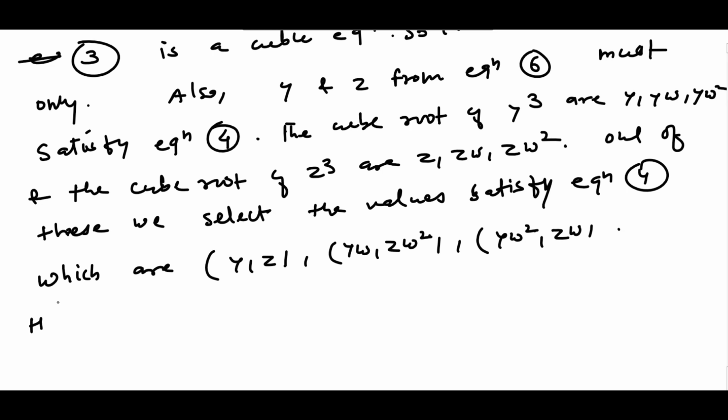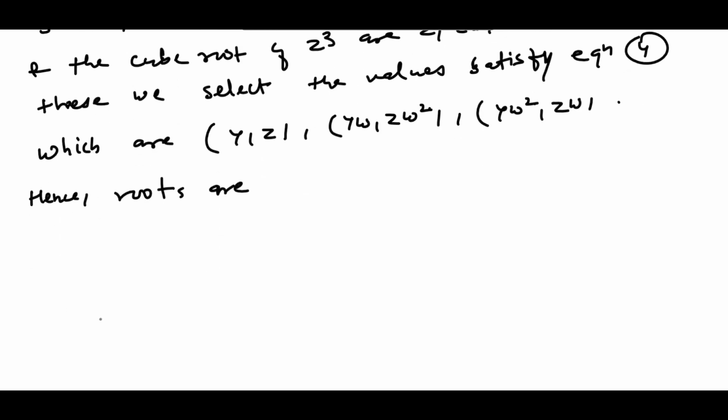So hence roots are, that is x is equal to y plus z, and y omega plus z omega square, and y omega square plus z omega.